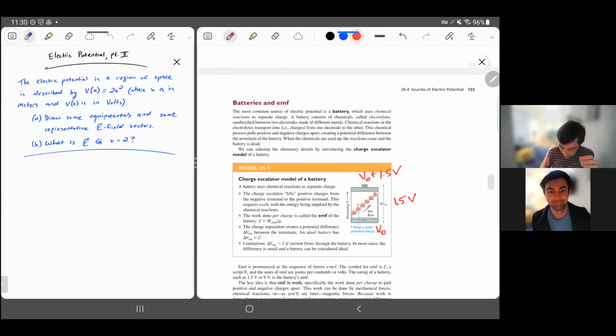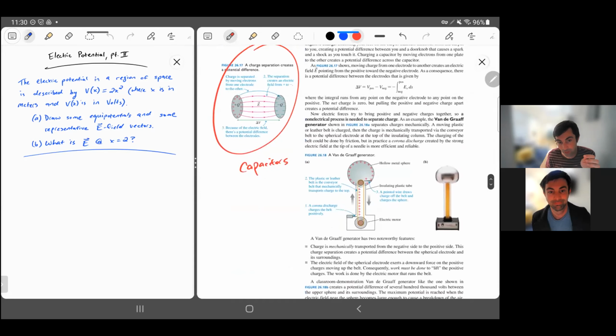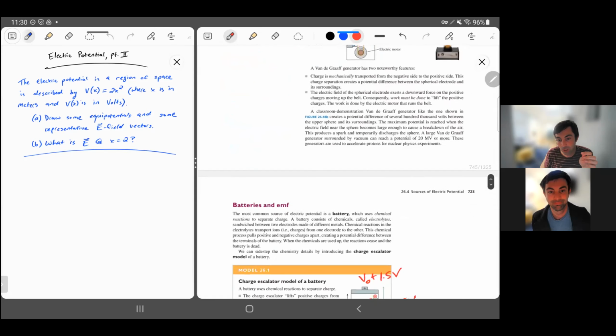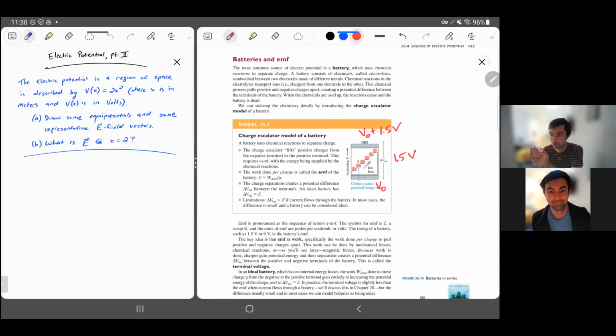But batteries are much longer lasting than capacitors because there's something actually forcing the charges to remain separated. Your book mentions that it's basically like having an escalator. There's some energy source that's physically separating the charges always. And the escalator is like a constant source of energy that will lift you against gravity.